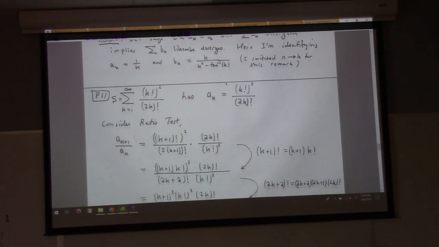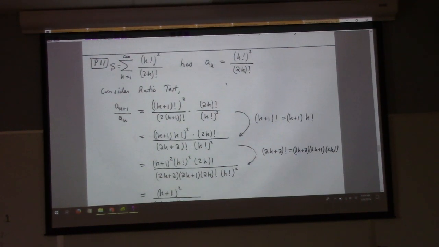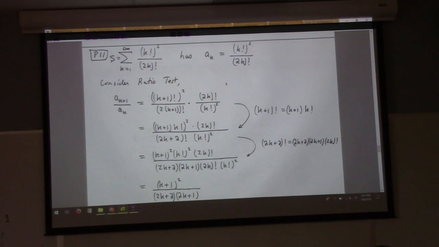Problem 11. Hey, look, one of your homework problems, right? Which one was this in your homework? Am I wrong? In the mission, right?